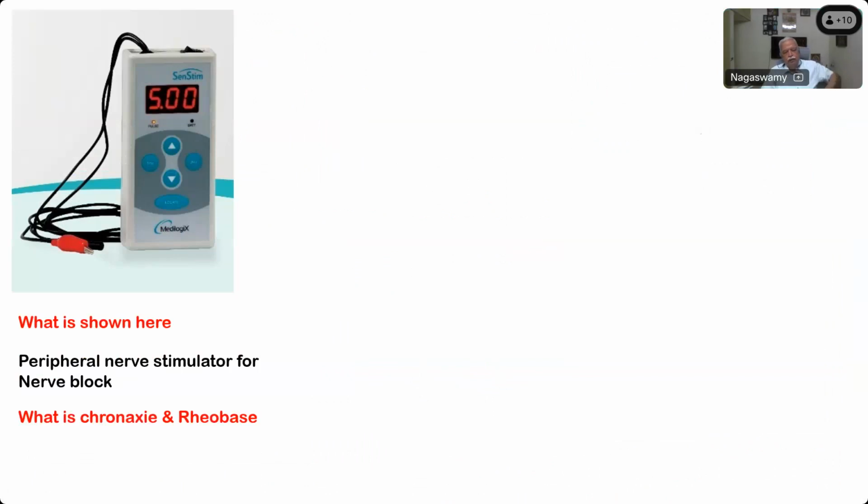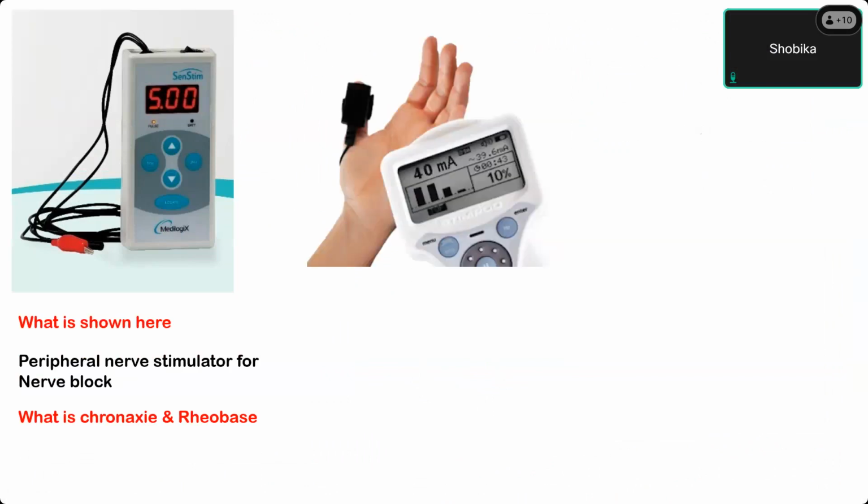When you are going to use this nerve stimulator for blocking a nerve, you must know these two terminologies and their meaning. Chronaxie and rheobase. Rheobase is the minimum current used to produce a response to stimuli. Chronaxie is the time at double the rheobase.